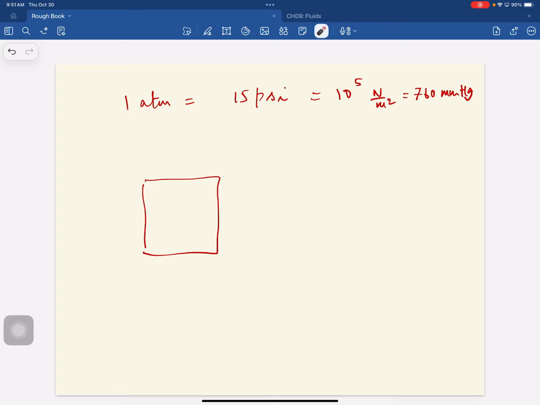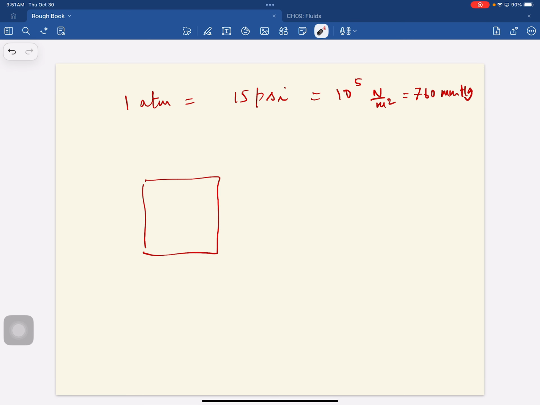Rip me a piece of paper. This piece of paper, it's 15 pounds per square inch. Every square inch, the air is pushing with a force of 15 pounds. This is 10 inches by 10 inches.